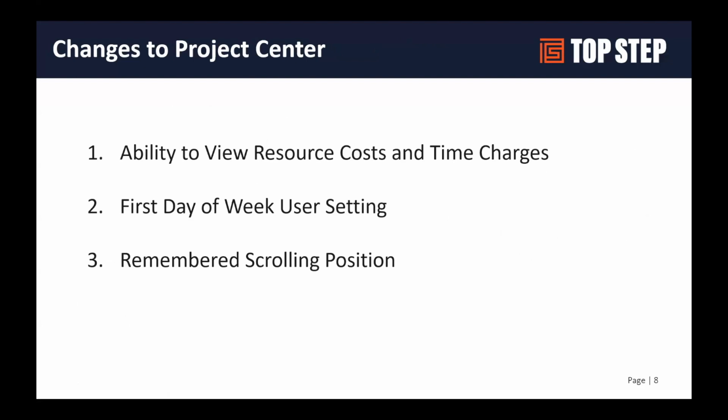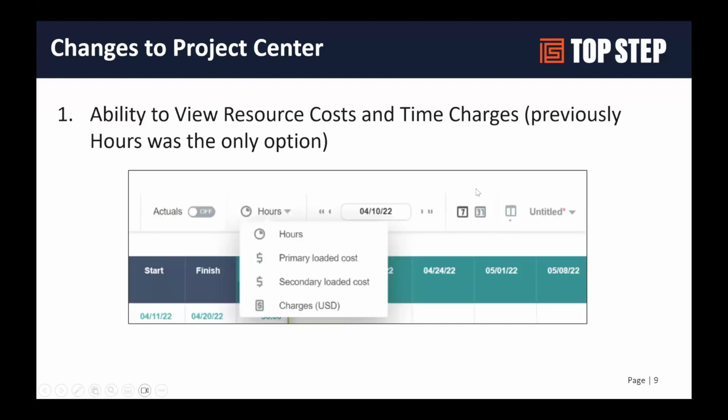Project Center, as you guys have seen, has been an ongoing investment with OpenAir, and they have finally added some features that I think really make a big impact to the Project Center. We'll go through each one of these.